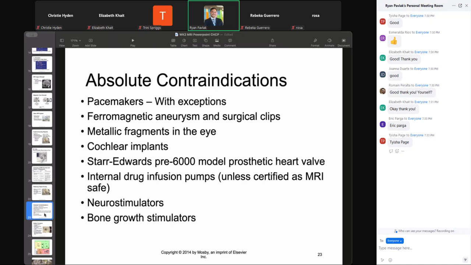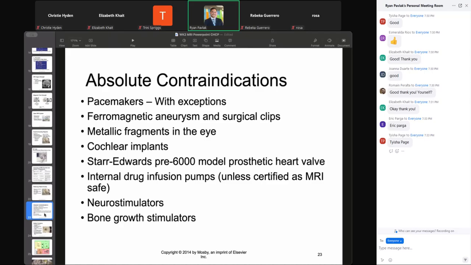Now, contraindications. There are a lot of things that are not safe to go into an MRI unit. Pacemakers, with exceptions. There are some newer pacemakers that are eligible to be put into an MRI conditional state and be scanned on certain MR units under certain parameters.